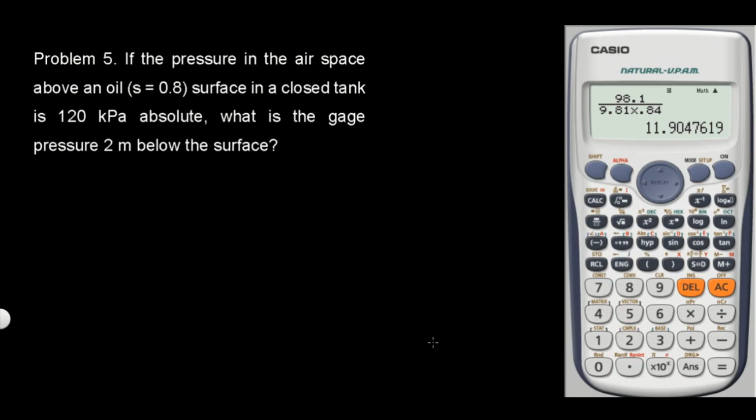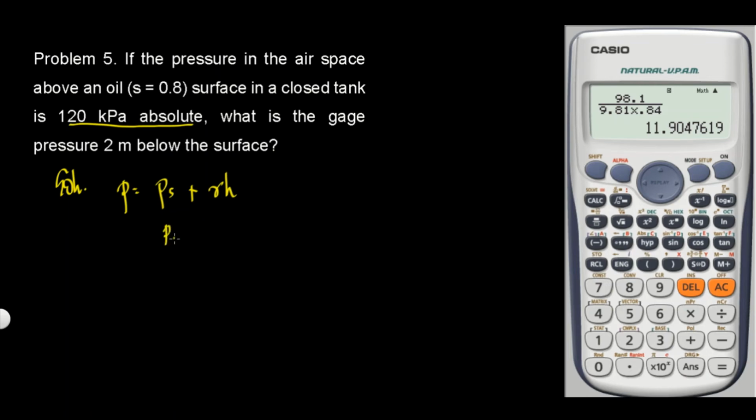Problem 5, if the pressure in the airspace above an oil, S equals 0.8, surface in a closed tank is 120 kPa absolute, what is the gauge pressure 2 meter below the surface? Okay, so we have P equals PS, surface, plus gamma H. But the pressure is given in absolute, so kailangan natin i-convert ito in gauge.